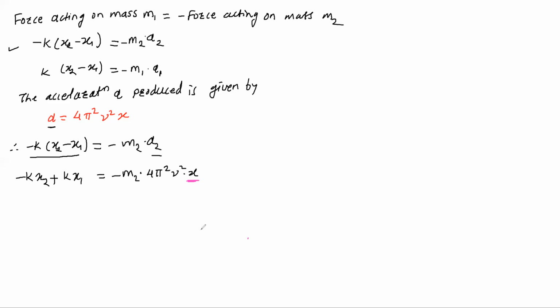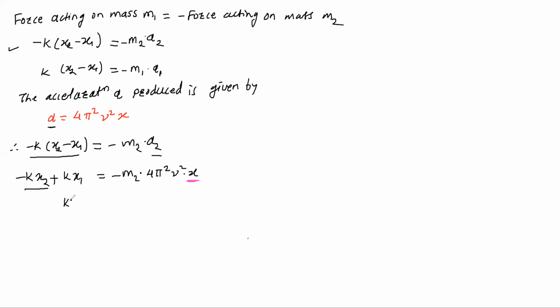What is the next step? Just shift the negative term, kx2, to the right hand side of the equation.